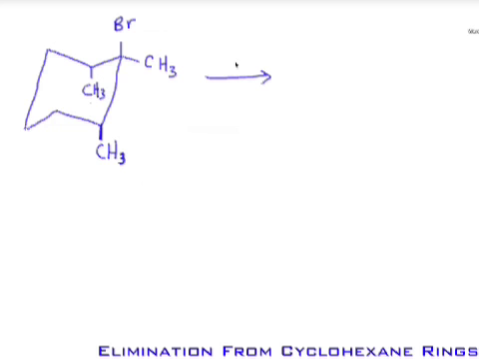And we hit this with a powerful base like methoxide. And again, if I was using methoxide, I'd make sure I use methanol as solvent to dissolve the base in. And apply heat.